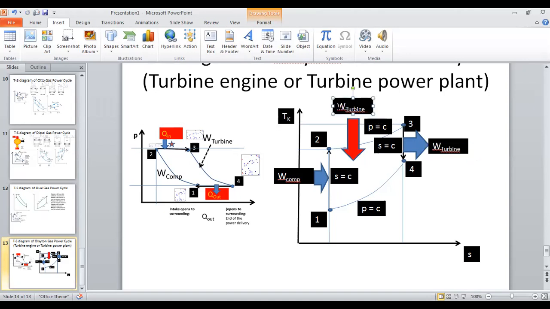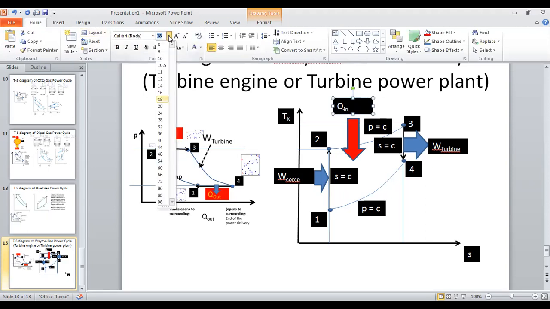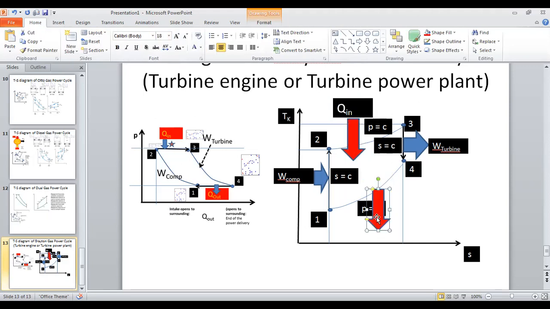Right over here, Q in. Yes. Q in. Yes. Q out or loss.